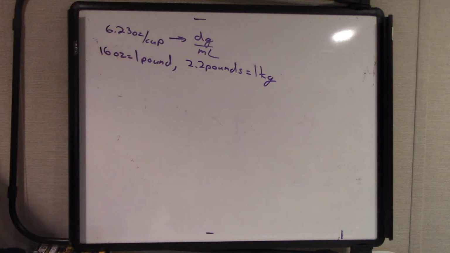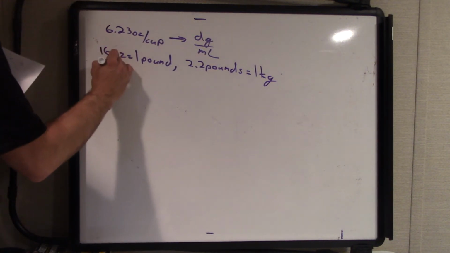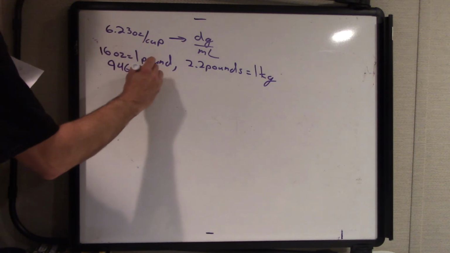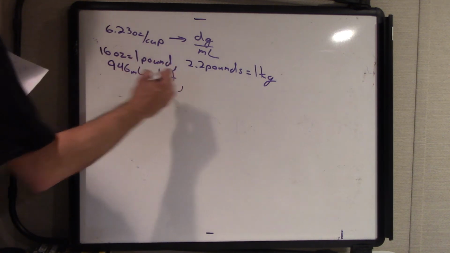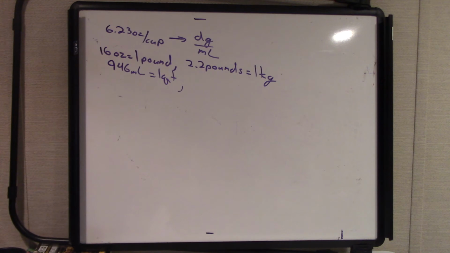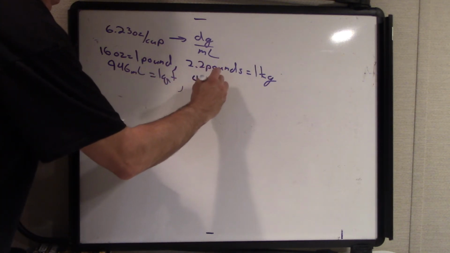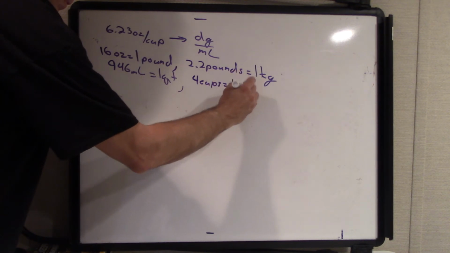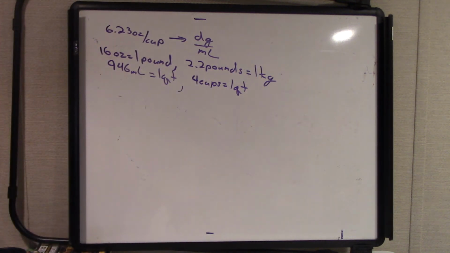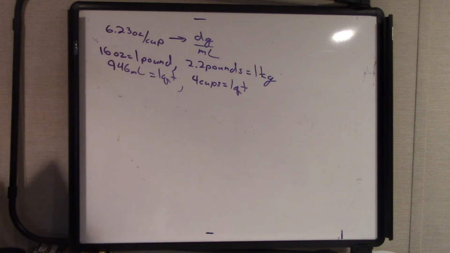You might have something like 946 milliliters in a quart. You might have 4 cups in 1 quart. These are all things that would be provided for you in order to solve this. And you might even get more than that.